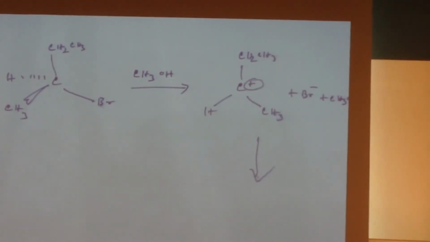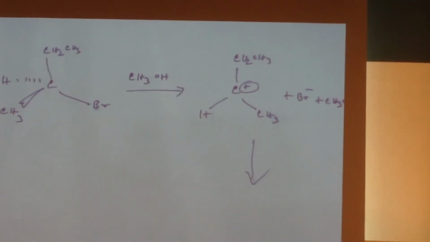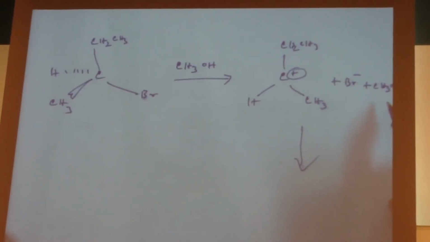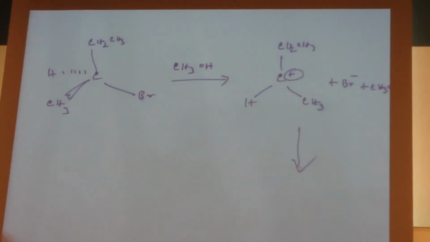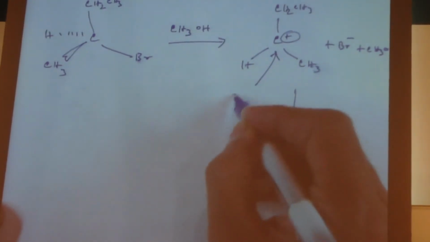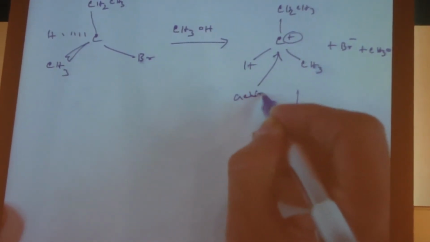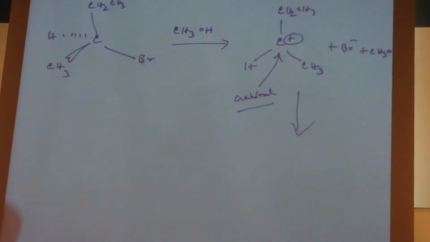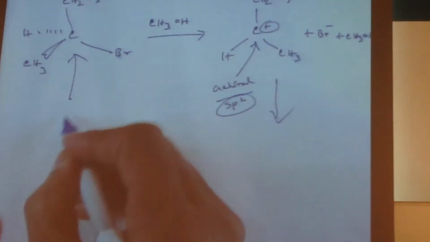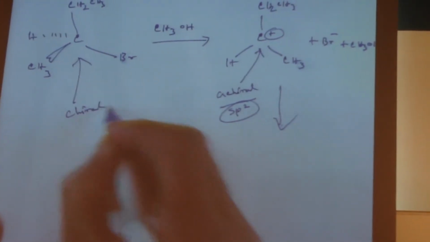Now the methanol is going to attack and form a methoxy compound. So the final product would be two things. One is an sp2 hybridized carbon, and this is a chiral sp3 carbon.